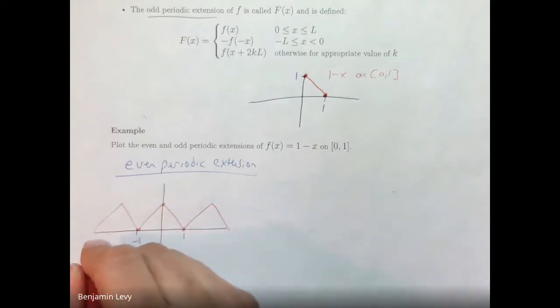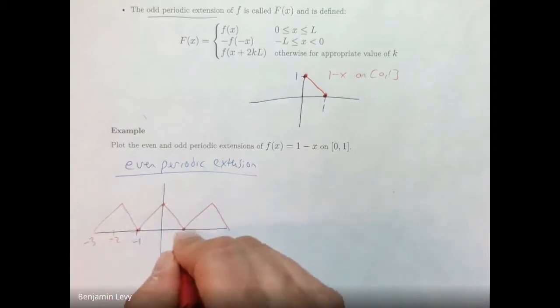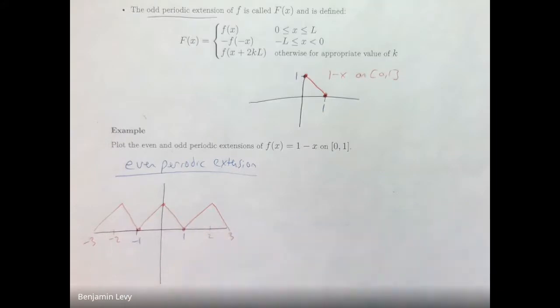And so that would be -3. That would be -2. That would be 2. That would be 3. Is that okay?